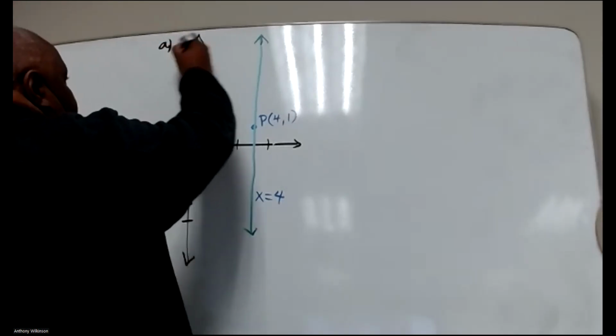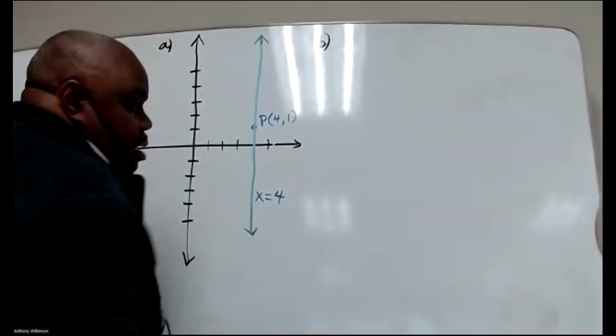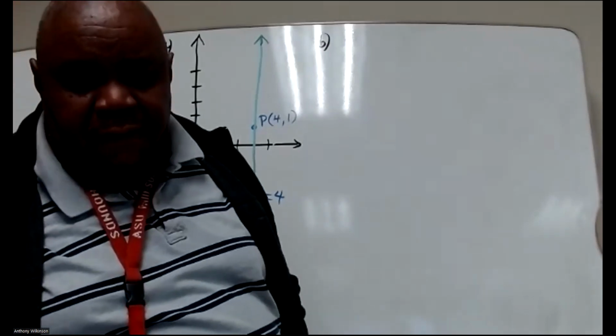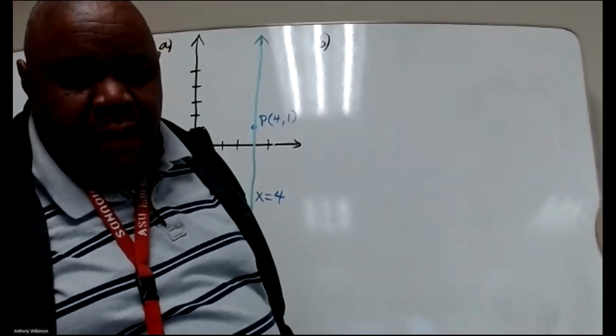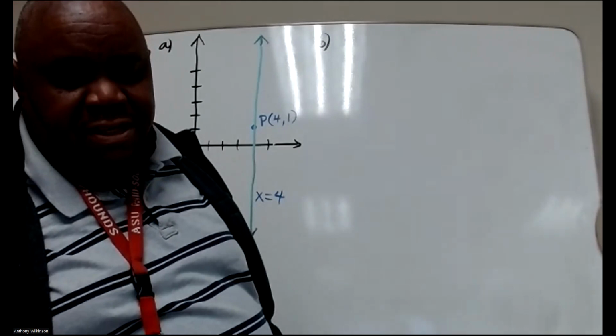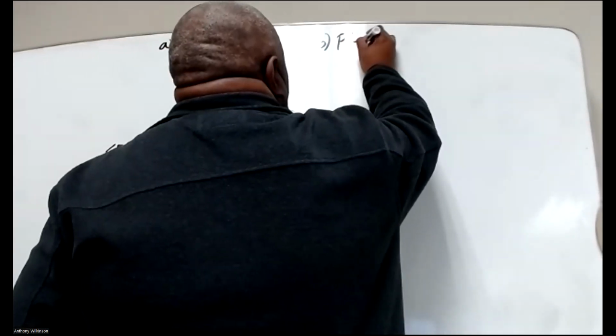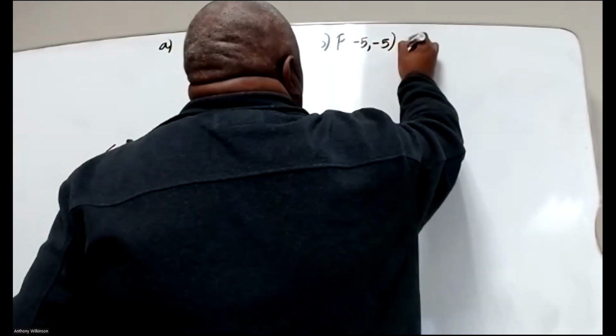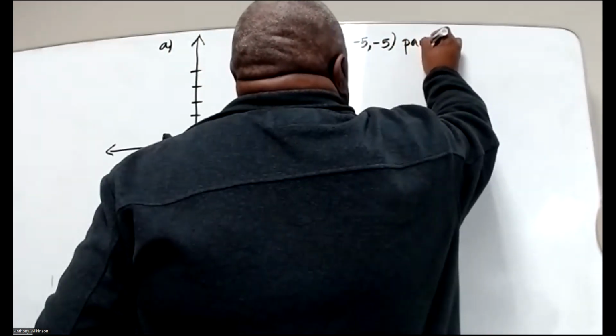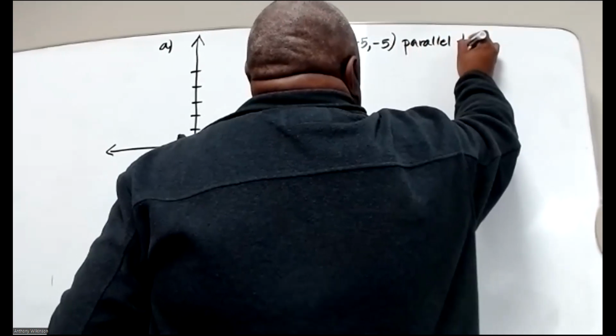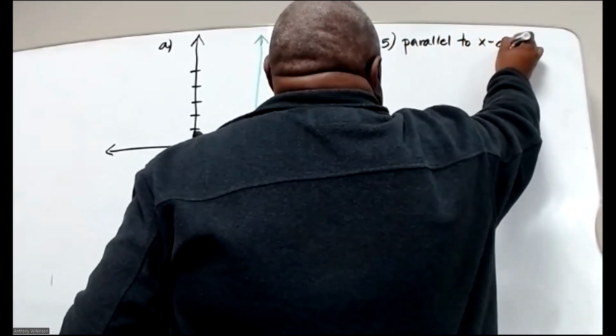Now part B, we want to find the line containing the point P, which has the ordered pair (-5, -5). And this time, we're told that it is parallel to the x-axis.